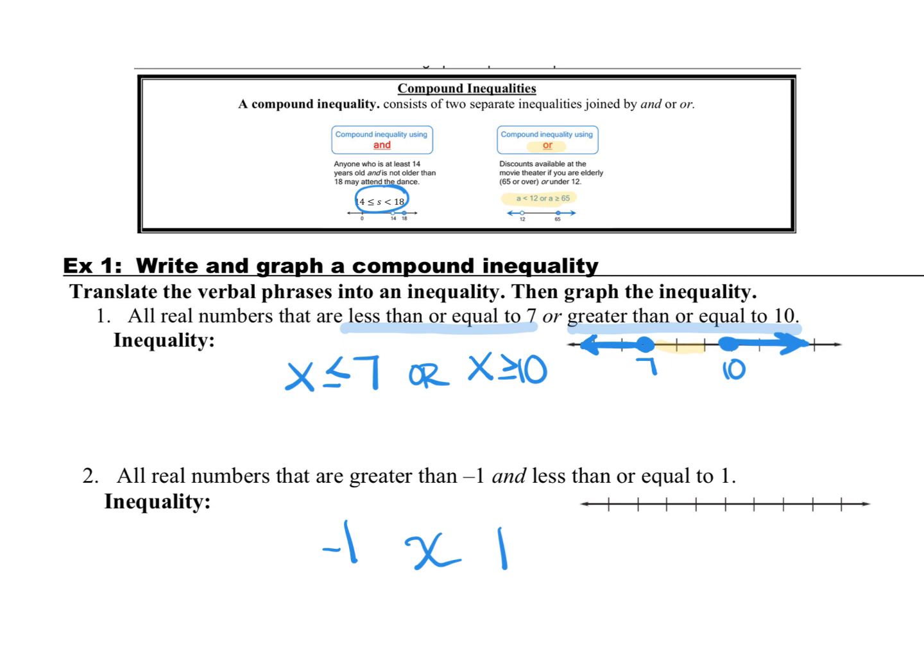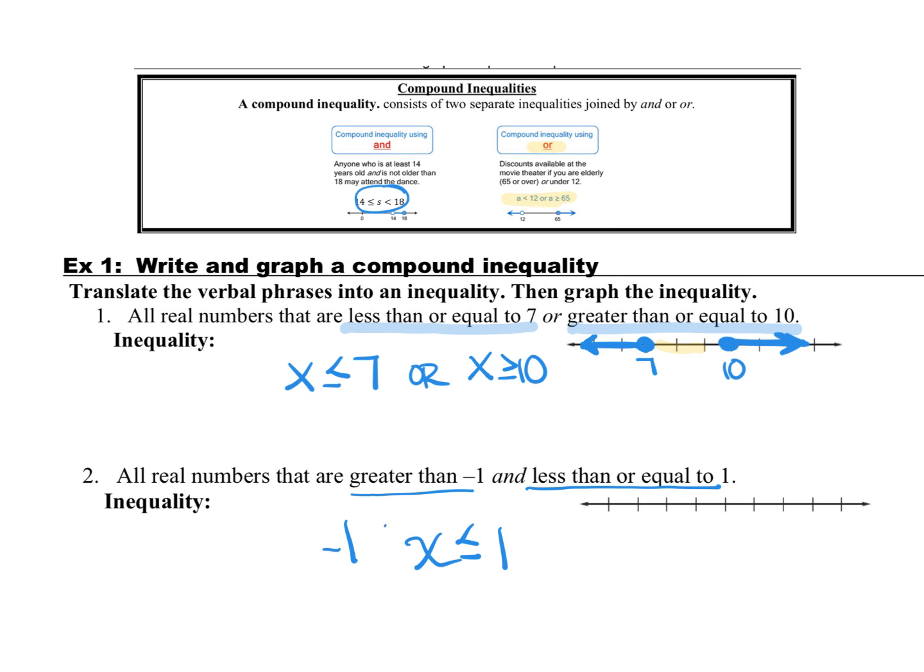Now I like to do the less than or equal to part first, because I'm going to just write this part of the inequality over here where it says x is less than or equal to 1. And we've been doing that for a while. Now, when we go and write the greater than -1 part, we're writing this inequality backwards because it's sandwiched in the middle.